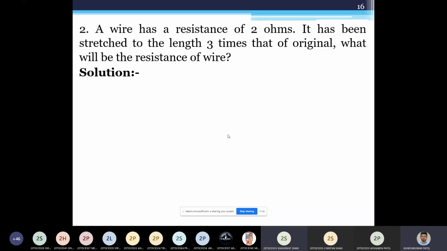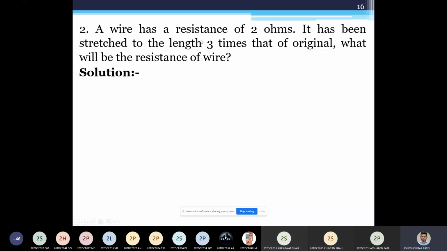Like the diameter will reduce because I'm stretching it. Like if we stretch a rubber band, the rubber band becomes thinner in the middle. Cross section area will reduce whenever I stretch something. So now if I stretch it 3 times, what would be the new resistance? We will calculate. The only information we have is the 2 ohm and I am stretching it to 3 times of the original length.